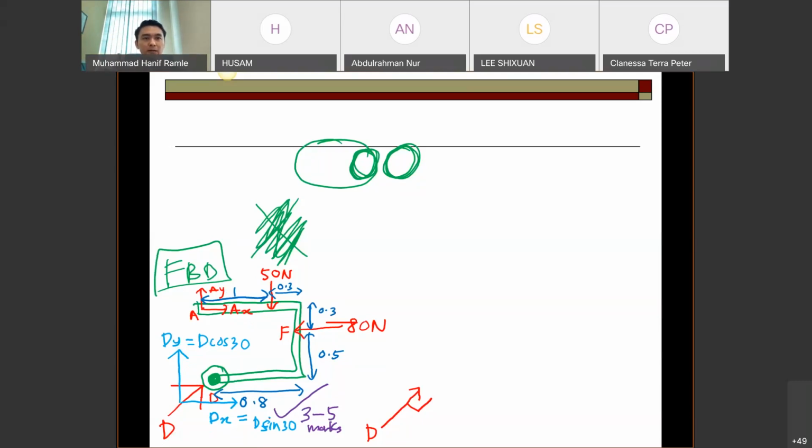Basically, in statics, if we have 4 unknowns, it means that we have to develop 4 equations. The number of equations is based on the number of unknowns. If the unknowns are only 2, then you will have 2 different equations.